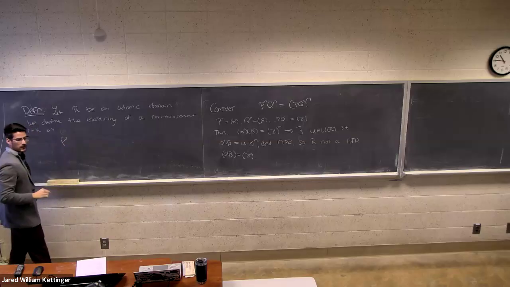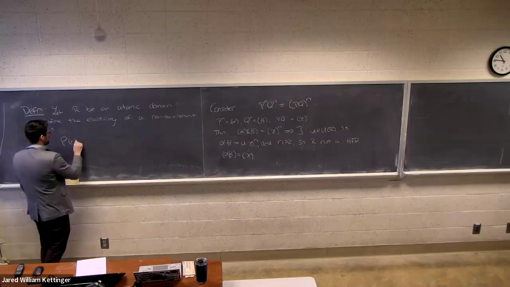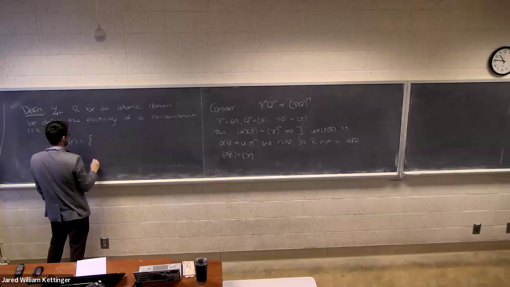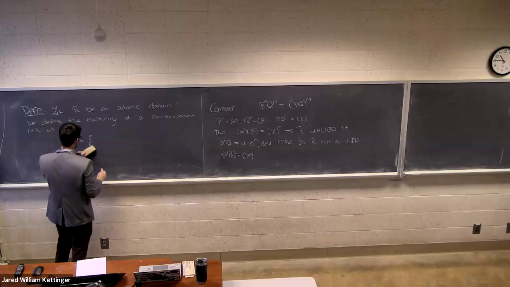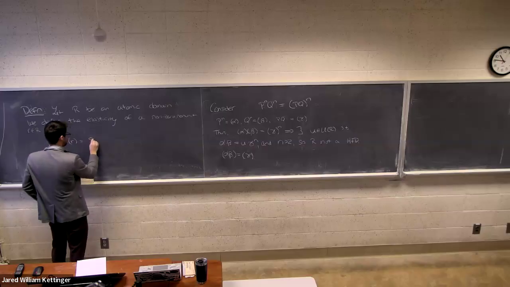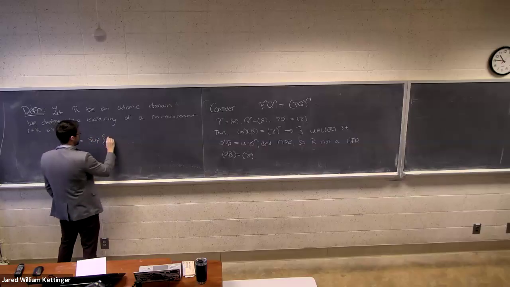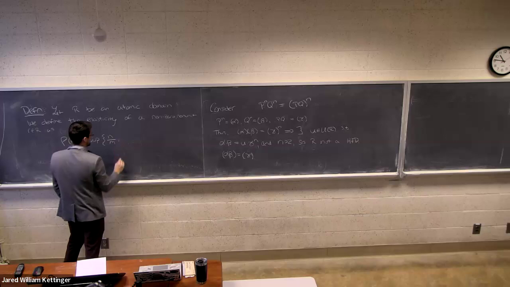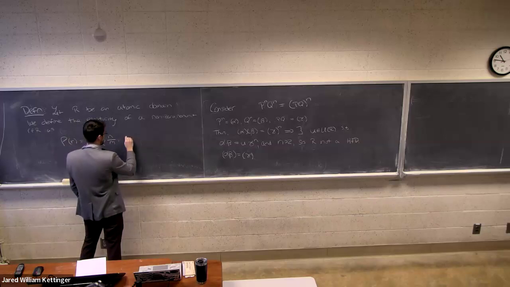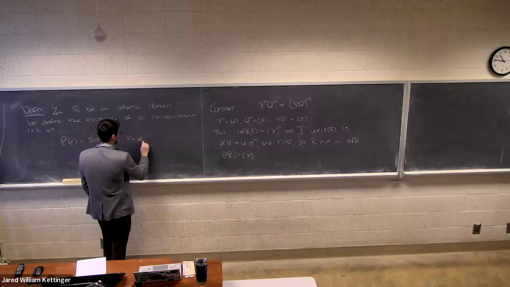So typically, we're going to use rho of r to denote the supremum of the ratios n over m such that r equals a product of n irreducibles and also a product of m irreducibles.